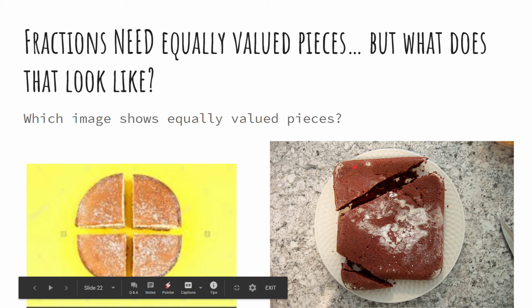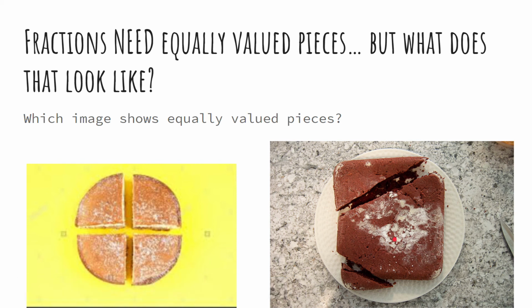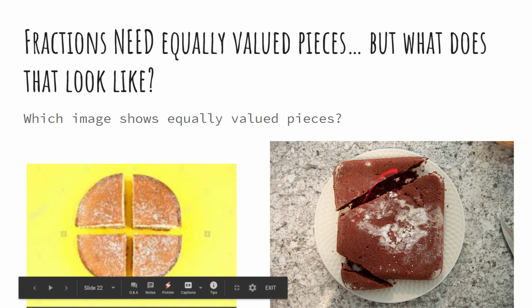If I told you this piece was worth 1 out of 3, this piece was worth 1 out of 3, and this piece was worth 1 out of 3, you'd probably look at me a little bit strange, because if I was cutting up this cake for 3 of us, and I told you we're each getting 1 out of 3, you'd be like, no, because this 1 out of 3 piece is gigantic compared to these ones. So whenever we're talking about fractions, we need to make sure that we're talking about equally valued pieces. We don't want to see these terribly cut cakes. We want to see these nice even ones, okay?